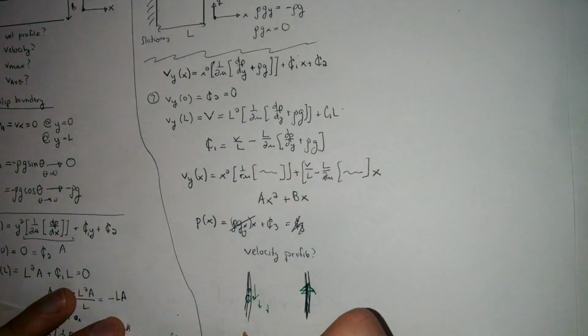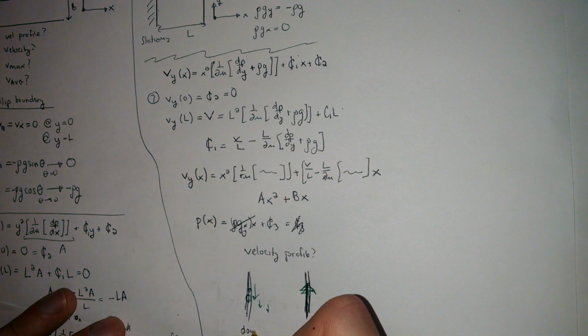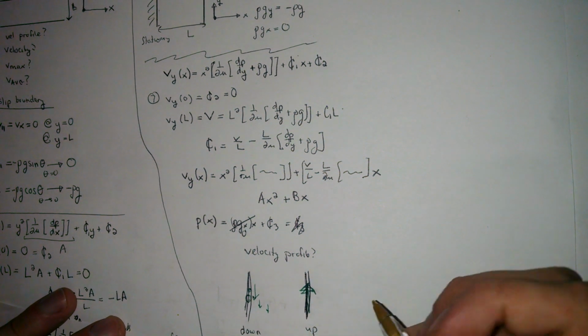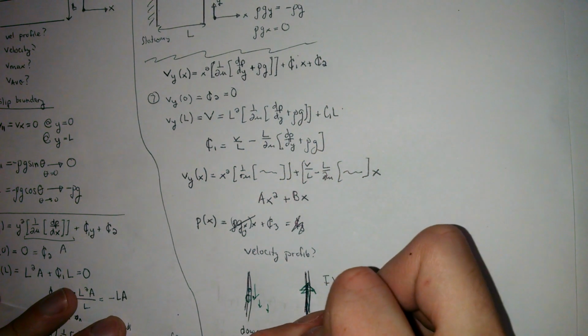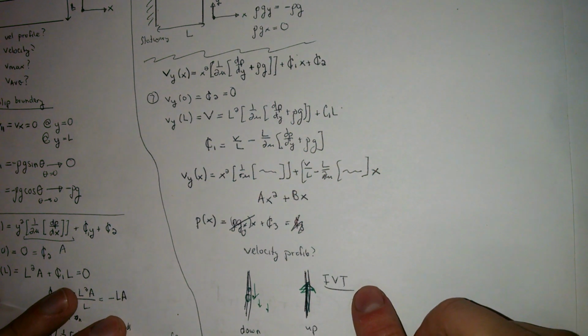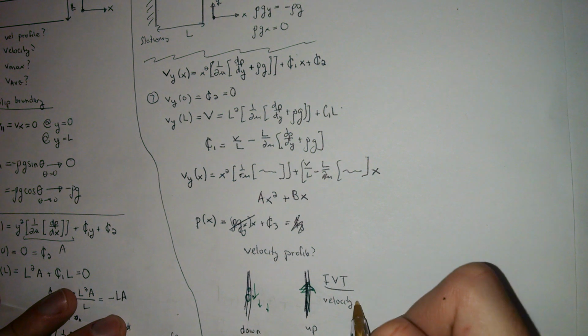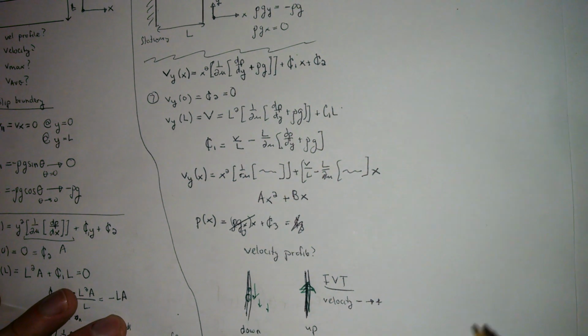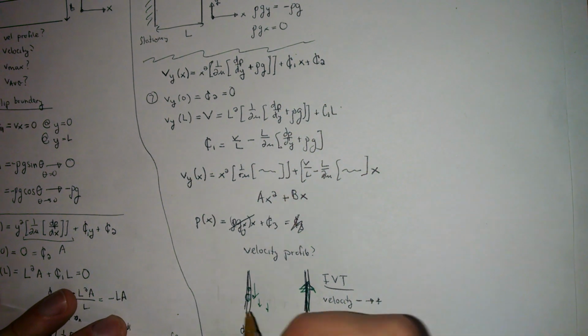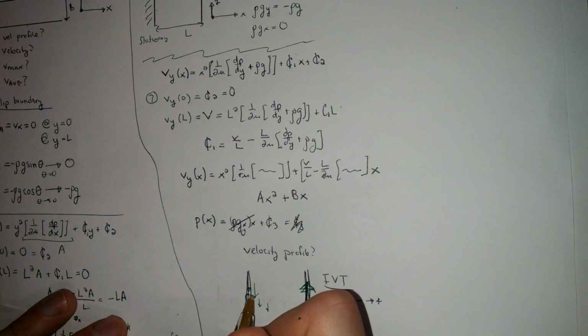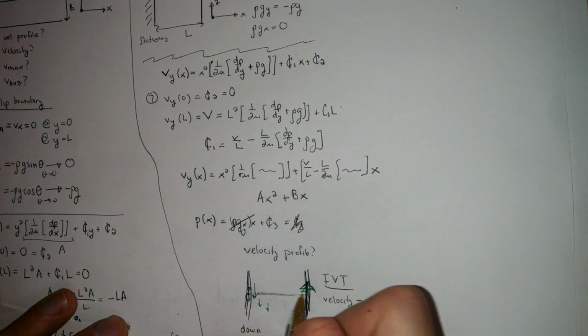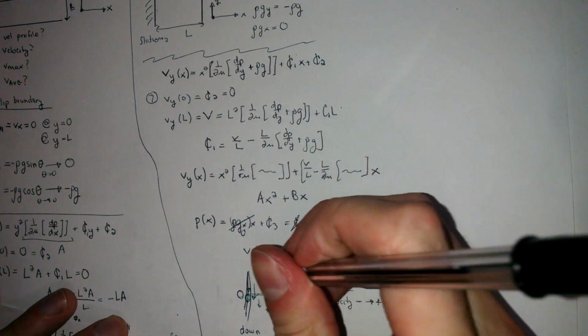So we know that velocity will be down here and up here. Now there's something you probably know called the intermediate value theorem from Calc 1. Well, we know if velocity is going from negative to positive, there needs to be some point along here where the velocity had to be 0. So we're just going to make a line there and say this is a 0 line.